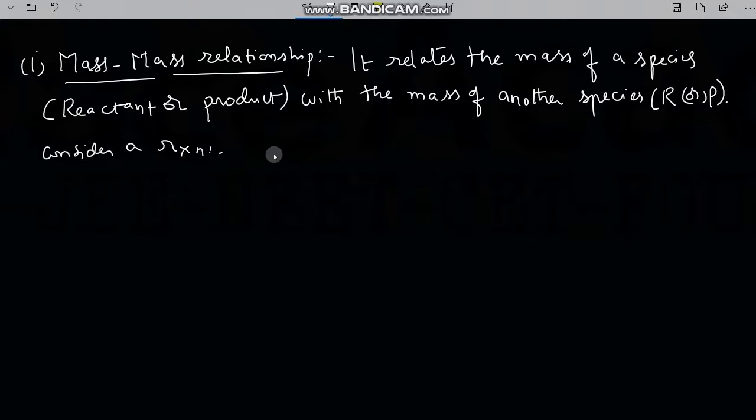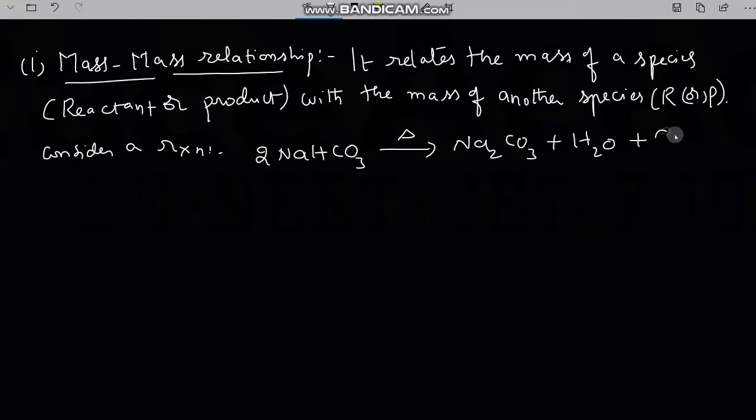Suppose the reaction is of sodium bicarbonate, NaHCO3. Upon thermal decomposition, as we know, it gives sodium carbonate, water and carbon dioxide. Carbon dioxide is a gas in this reaction.